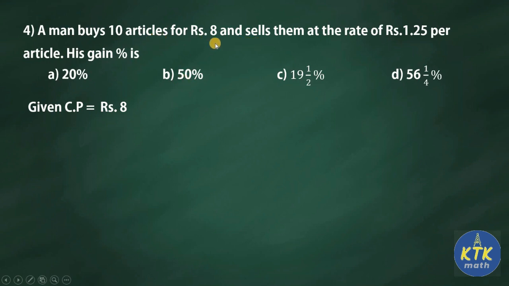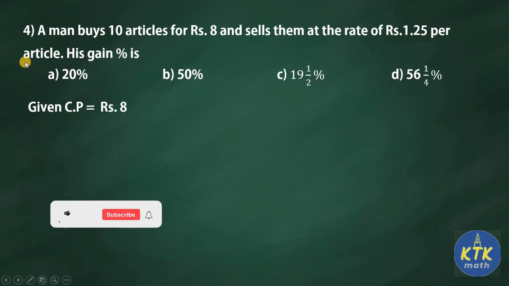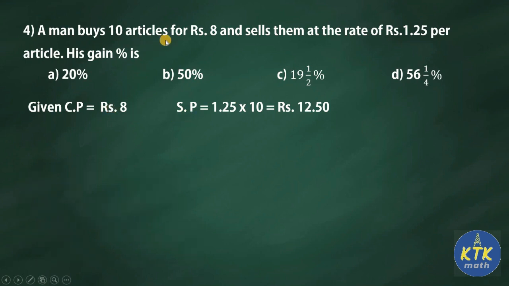And for selling price alone they gave 1.25 per article. So selling price will be 1.25 into 10 articles. Cost price, rupees 8, directly comes, whereas for selling price they gave the amount of each article only. So 1.25 into 10 is nothing but rupees 12.50.